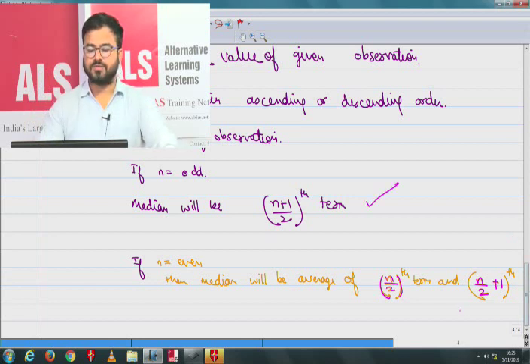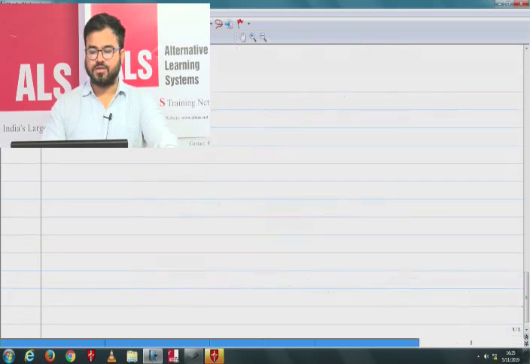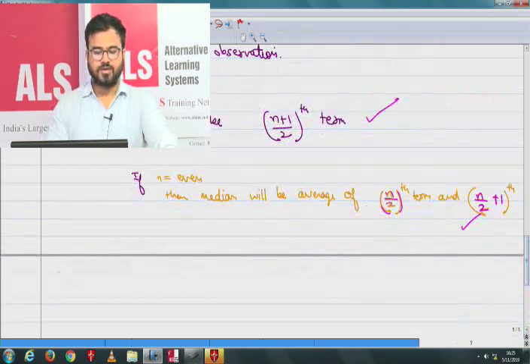So these are the formulas which you have done in the 9th class also. Now based on this, solve this question.